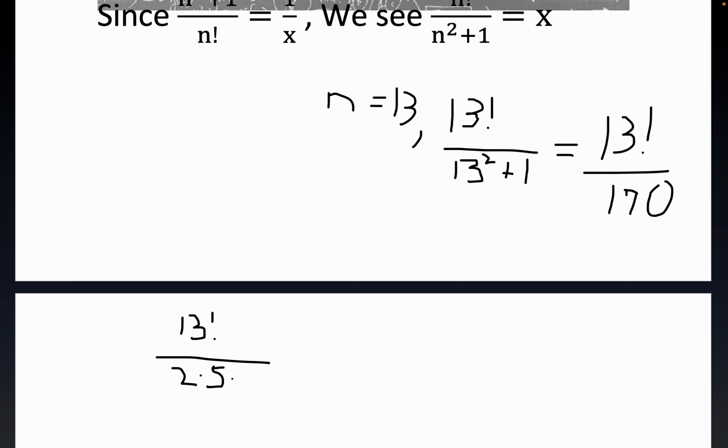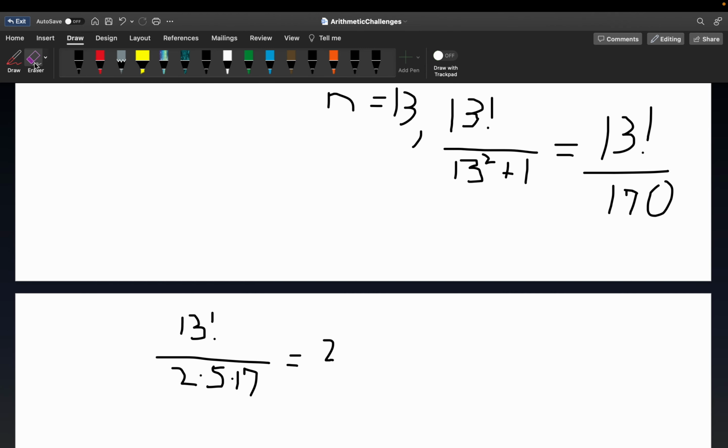So we'll get a little bit of simplification here, but it's still going to be kind of a messy problem, right? 2 times 5 times 17 is the prime factorization of 170, right? And so this would equal to, we can leave out the 1 and the 2, so we'll have 2 times 3. Or no, wait a minute, yeah, the 2's go away, right? So, sorry, let me erase that.